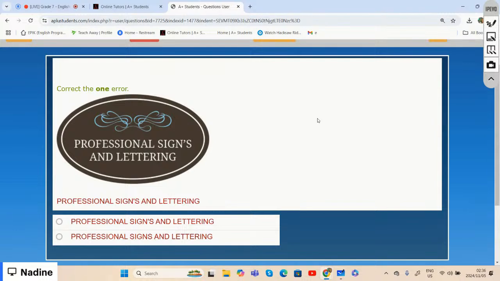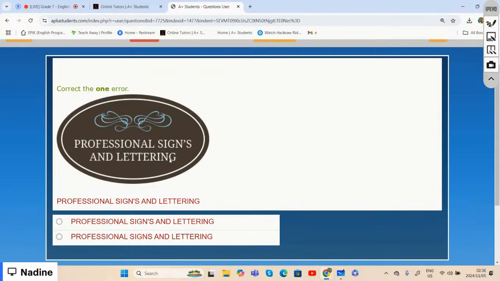And if we were to correct our one error, right? Then this word signs, we need to remove the apostrophe.